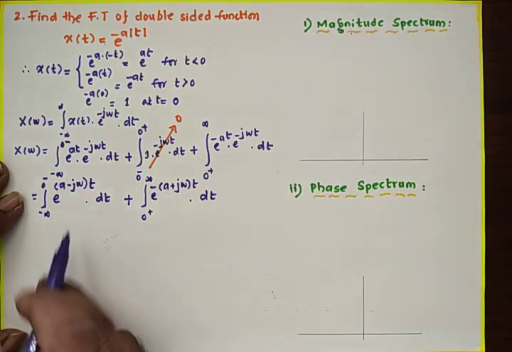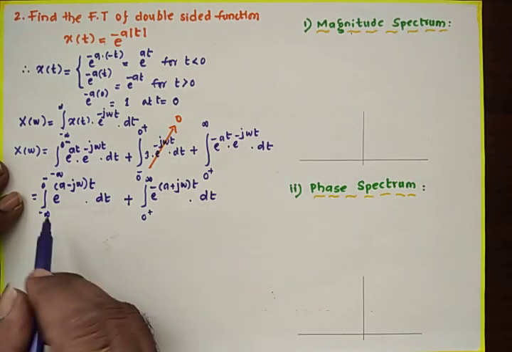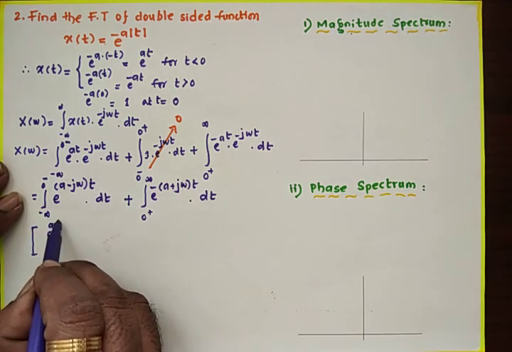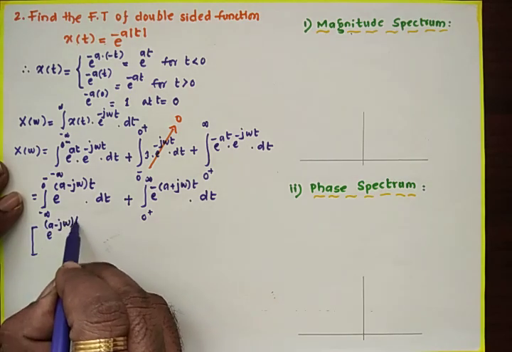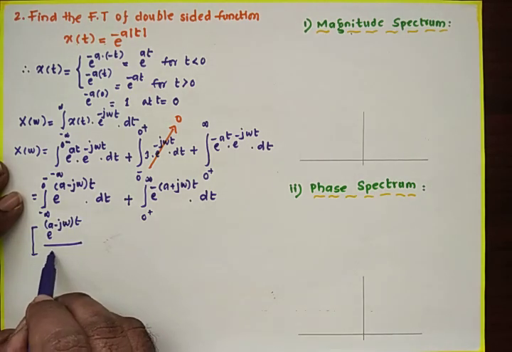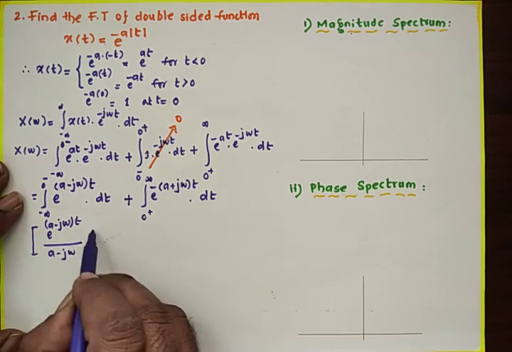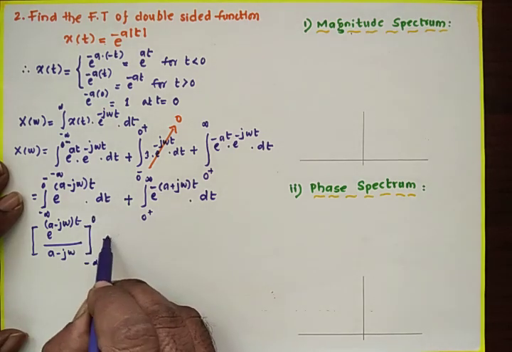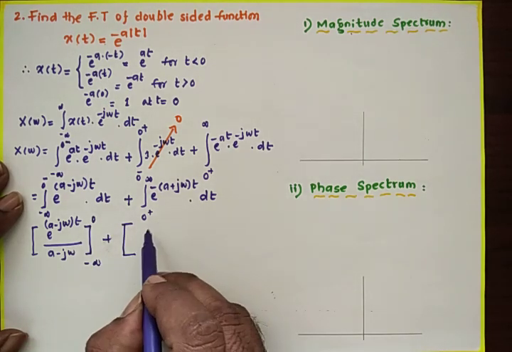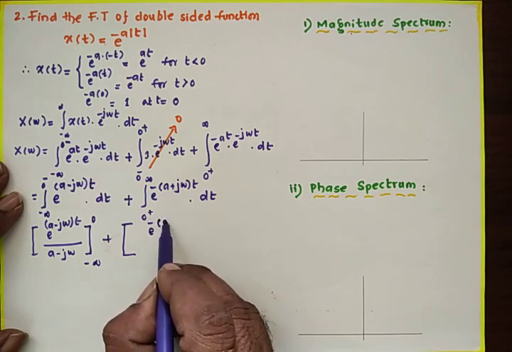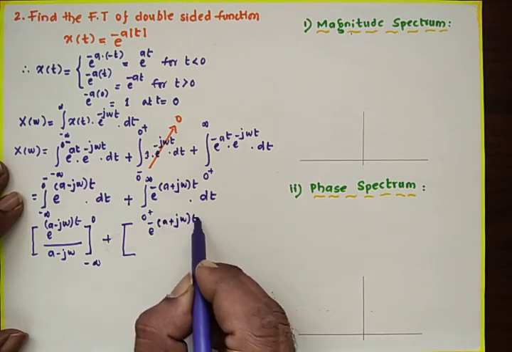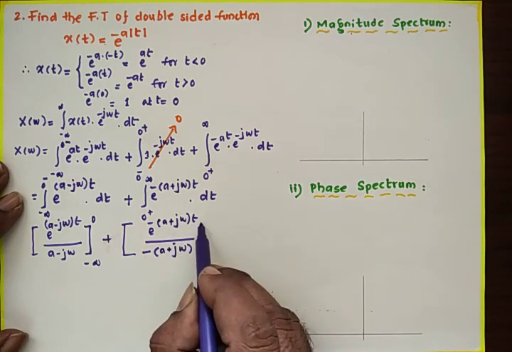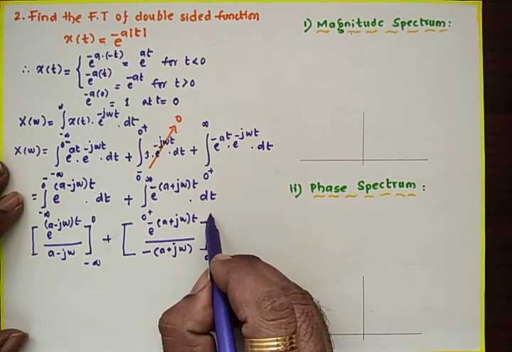Then if you perform the integration on this one, we have e to the power of a minus j omega t by a minus j omega, with limits minus infinity to 0 plus, and here also we can achieve the integration, that is e to the power of minus a plus j omega into t by minus a plus j omega, and then the limits are what? 0 to infinity.